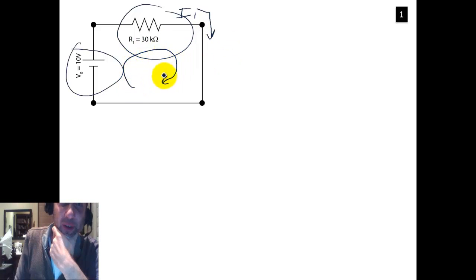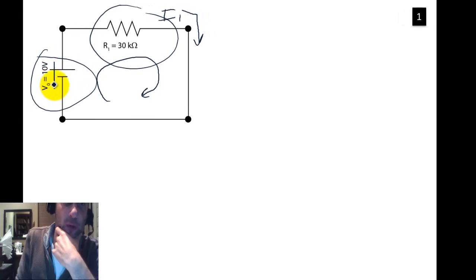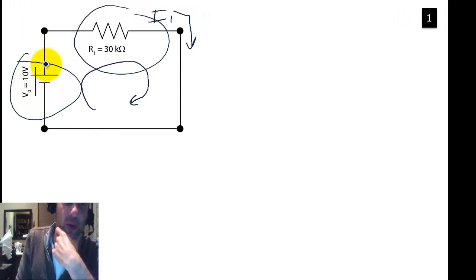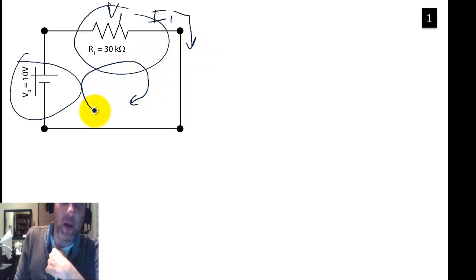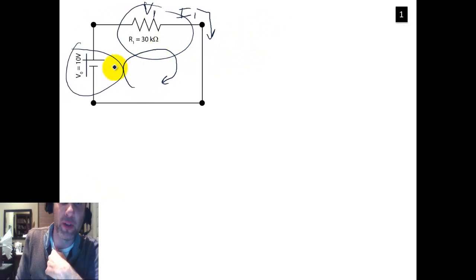So we want to sum up the voltages as we go around the circuit, the change in voltages. And we know this one here, it's a positive 10 volts. So this pumps the voltage up 10 volts. Then it drops here as it goes over the resistor. Let's call that V1. And that's all we have. So really the change in voltage over this component minus the change in voltage over this component has to equal 0.